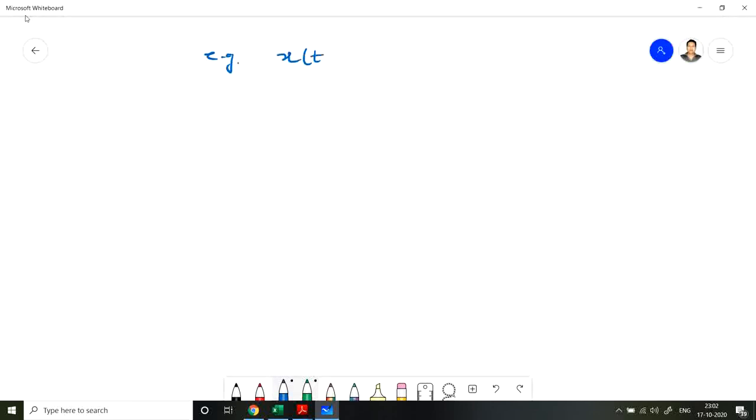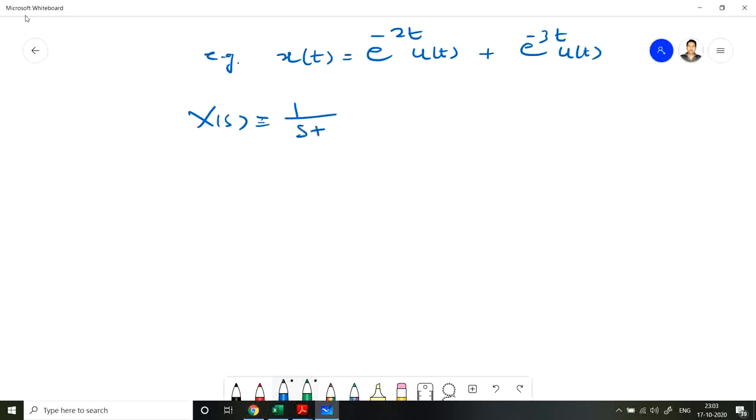So let us take an example for this. We have x(t) equals e raised to the power minus 2t u(t) plus e raised to the power minus 3t u(t). So the Laplace transform of this signal is X(s) equals 1 divided by s plus 2 plus 1 divided by s plus 3.